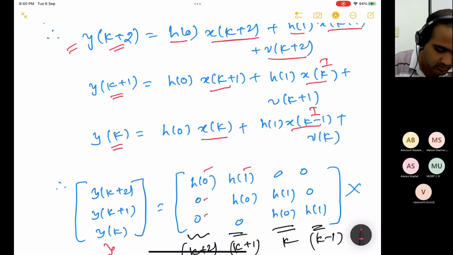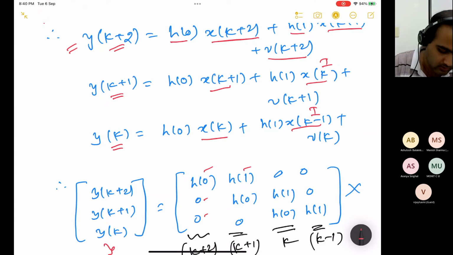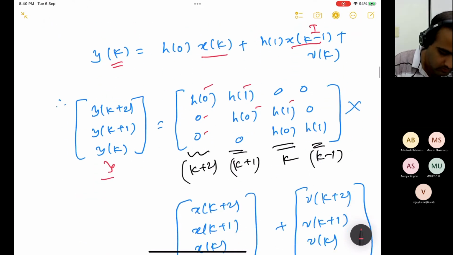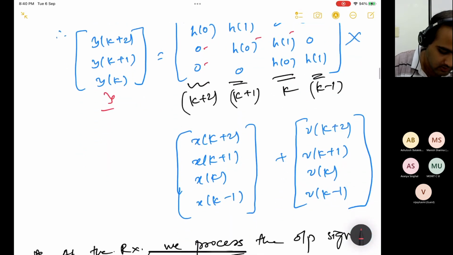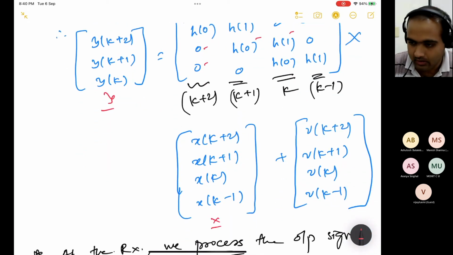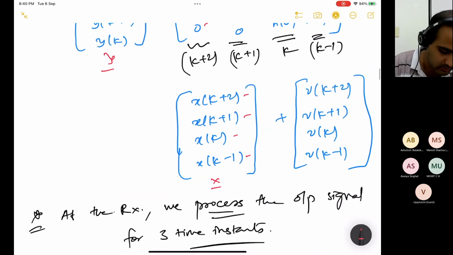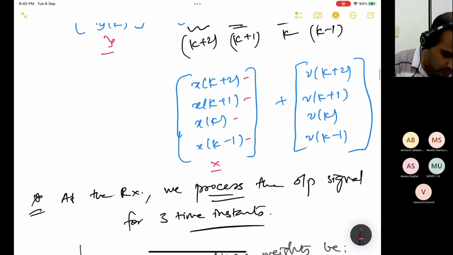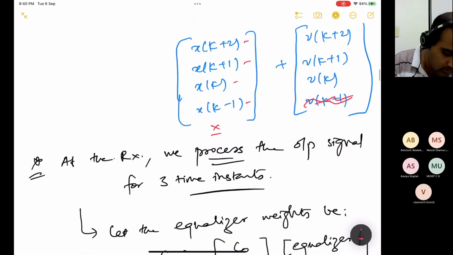Similarly, you have h1, and this is kind of a cyclic shift. This is called our channel matrix, h, and it is multiplied with our X, the pilot matrix. The pilot matrix has k plus 2, k plus 1, k and k minus 1 terms. And similarly, we have the V matrix. Vk minus 1 won't be there.